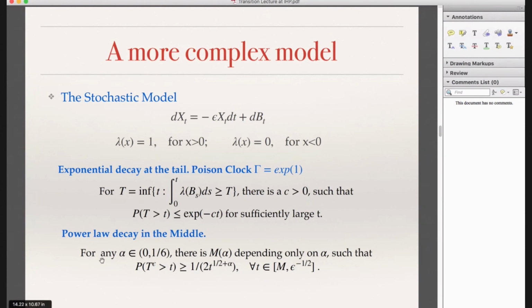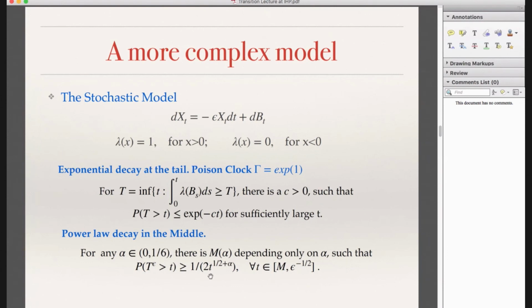The second result is that when the time is between some constant and epsilon to the minus 1/2, this gives us a time scale at which we can see the power law decay. When the time is shorter than this number, the probability that the particle waits inside the site is larger than some power of t.